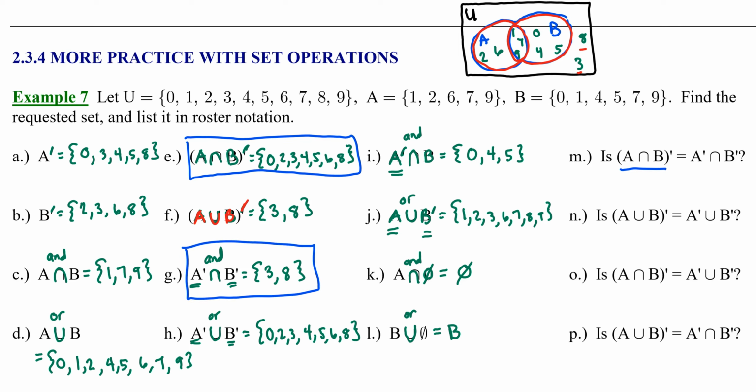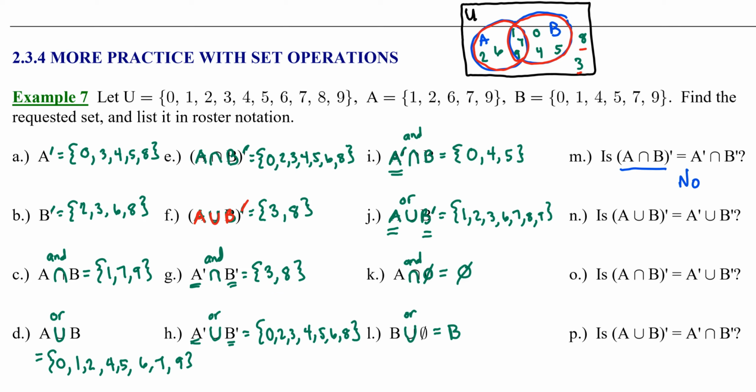Comparing those two sets in roster notation, are those equal? Clearly, the answer is no. What I want you to notice here, what's being illustrated, is that I can't distribute that complement, which is what's been done over here, and get an equal set. So set complements do not obey the distributive property.